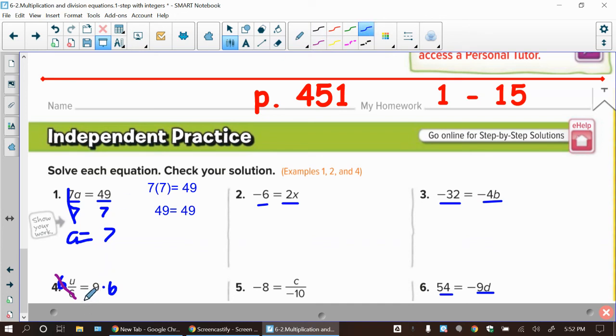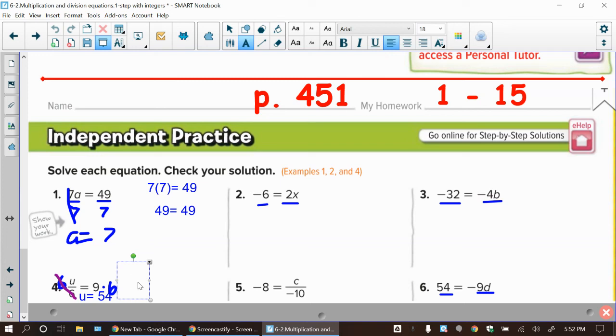So then we get that u, oops, get rid of that. We'll go with text. We now know u equals, and then 9 times 6 is 54. Well, now I'm going to come over to my other spot. This is my 4th step. I already identified and multiplied. I identified what I was multiplying both sides by.